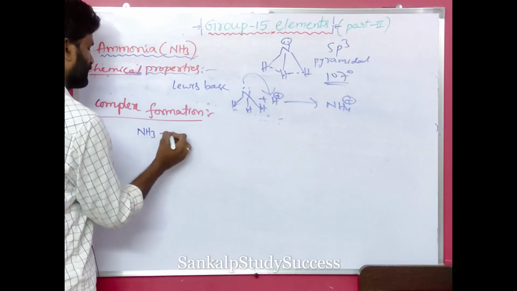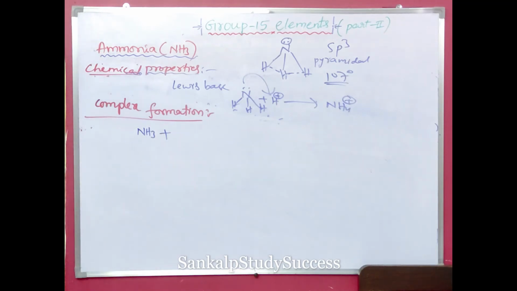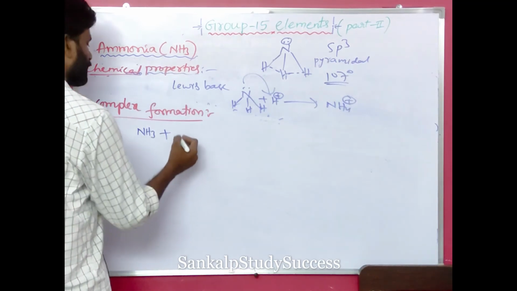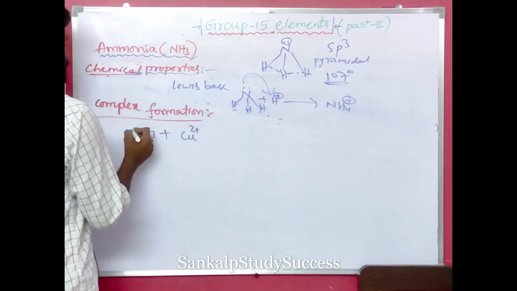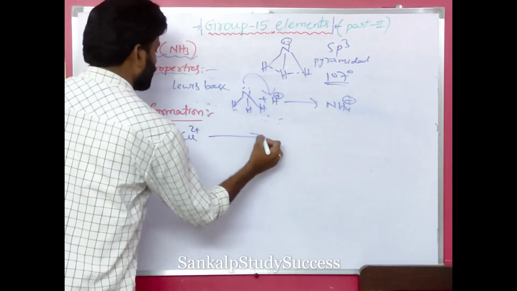Ammonia can be treated with copper metal ion, Cu2+. So here 4NH3 can be taken.